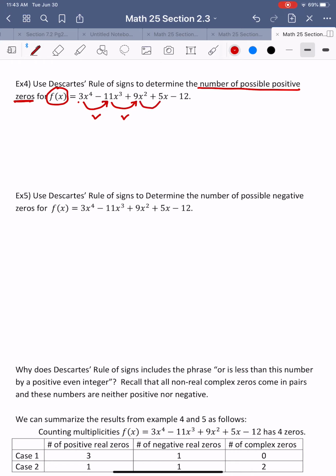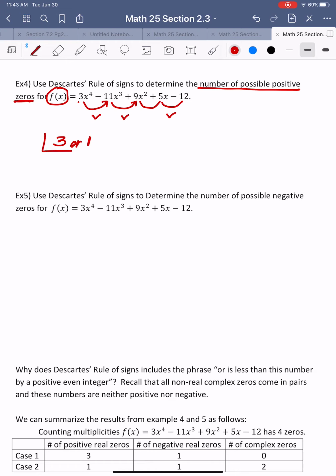This is positive, positive, no. Positive, negative, yes. So this time you get 3, but you need to decrease by 2. So subtracting 2 from 3 is 1.